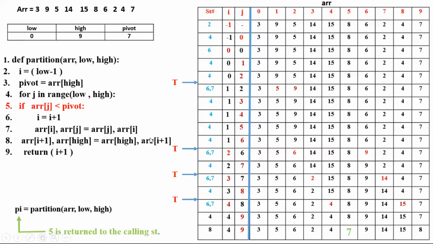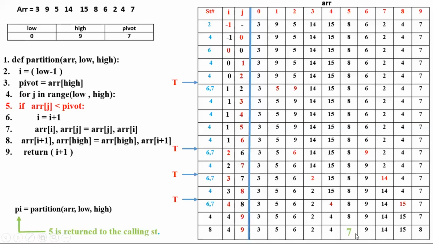In statement 8, we swap the pivot with array sub i plus 1. Array sub i plus 1 is array 5. So 7 here. And we retain the index of the pivot.